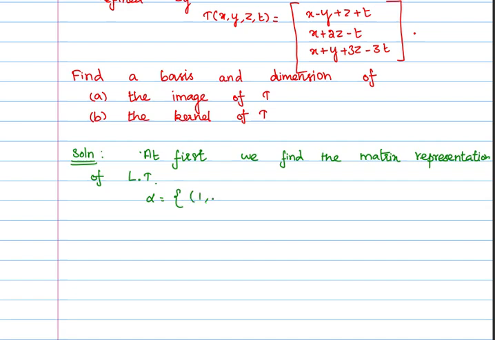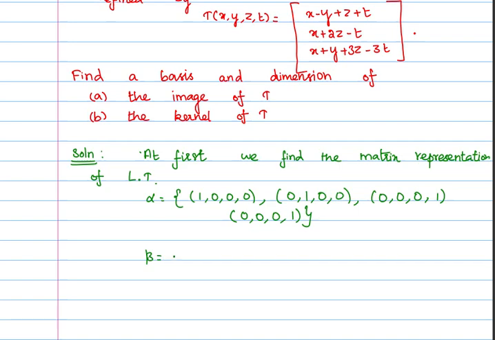So I want to choose the basis alpha in R4: (1, 0, 0, 0), (0, 1, 0, 0), (0, 0, 1, 0) and finally (0, 0, 0, 1). This is the basis for the domain space.